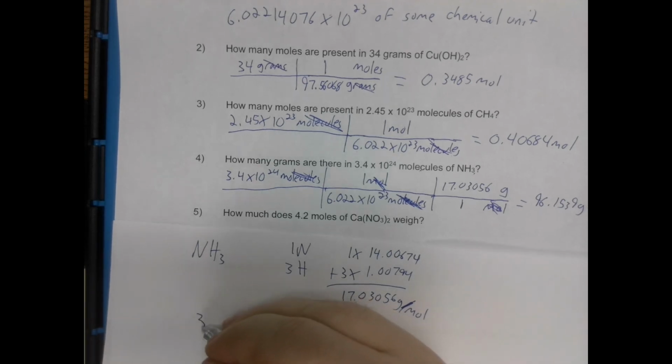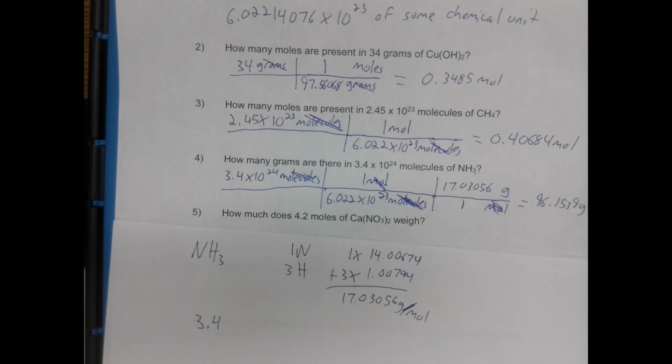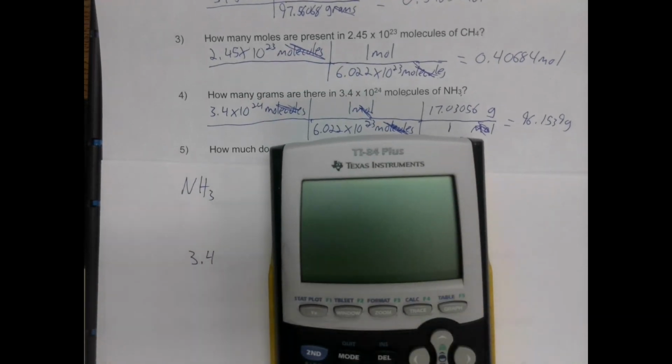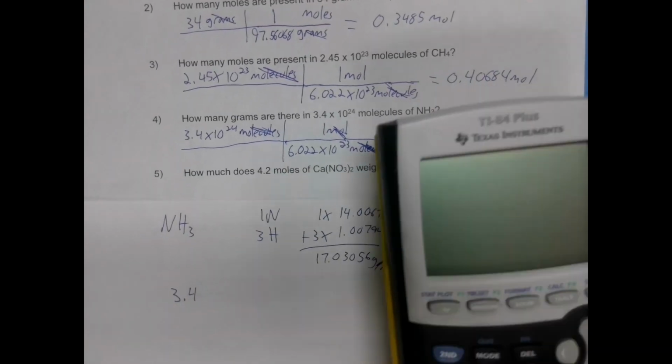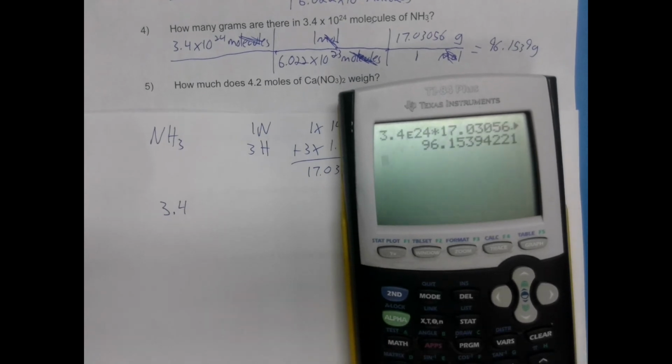So you would write into your calculator 3.4. Actually, I'll show you. So typing that into your calculator, what you do, 3.4.